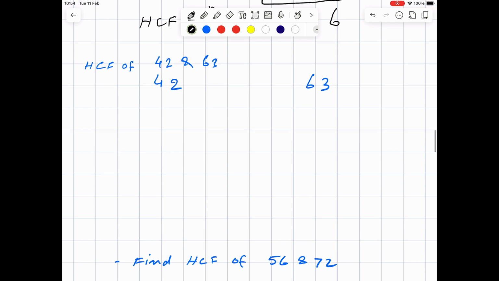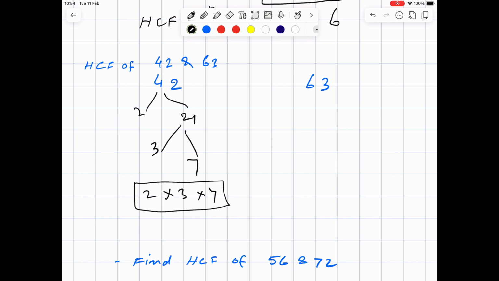Let's find the HCF of 42 and 63. Get the prime factors of 42, which is 2, 21, and 3, and 7. So they are 2 times 3 times 7.